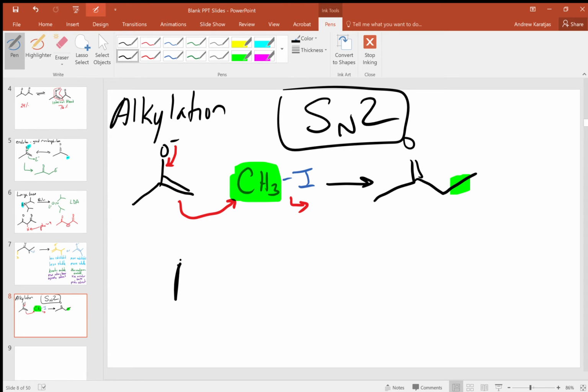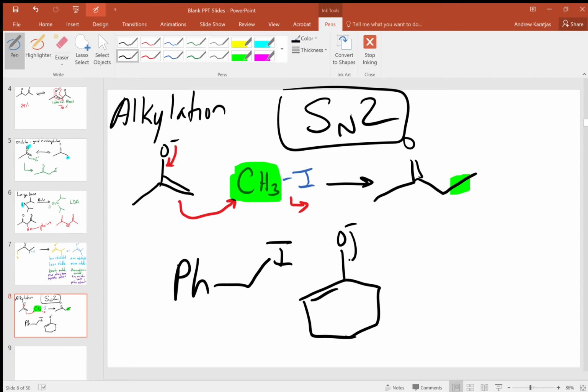So if you want to use something like benzyl iodide as your electrophile, that'll work extremely well. And whatever nucleophile, whatever enolate you formed, we'll add it in.